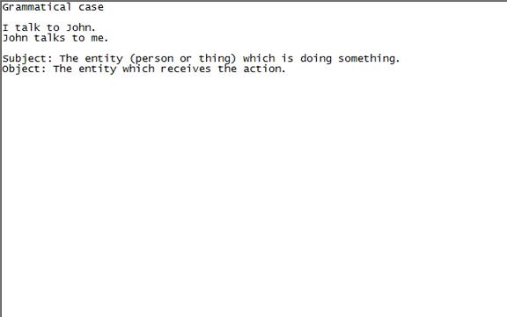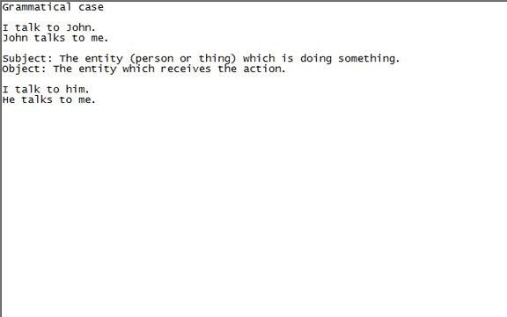And we can see this in other sentences, like, for example, if we replace John with a generic pronoun, we can say I talk to him. Him is, again, an object word. We don't say I talk to he, but if the guy, the man or male entity in question is doing something, then it becomes he. We can say he talks to me.